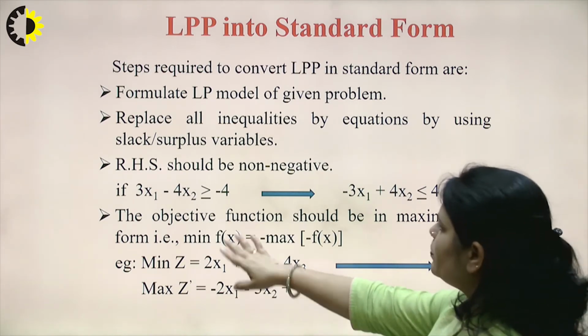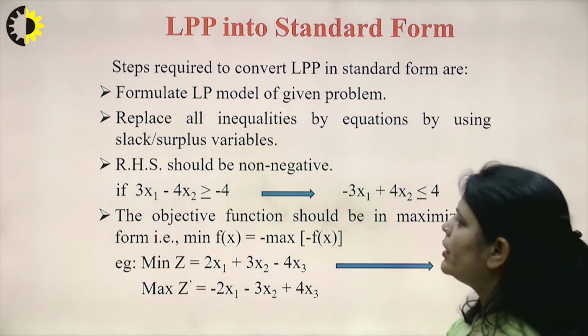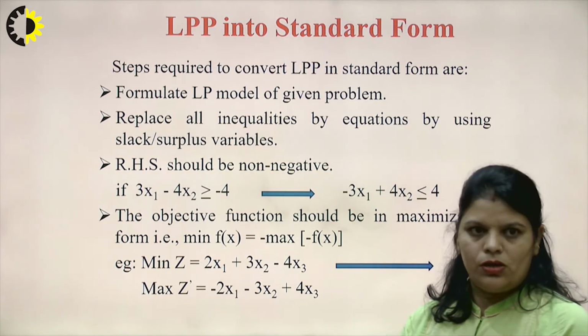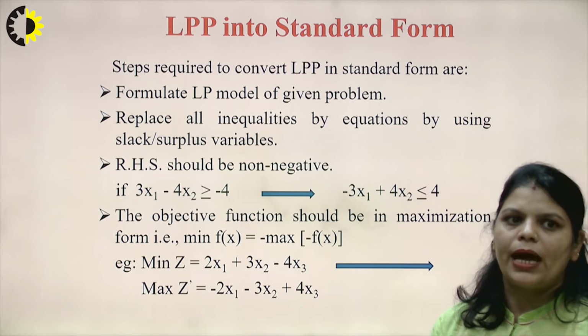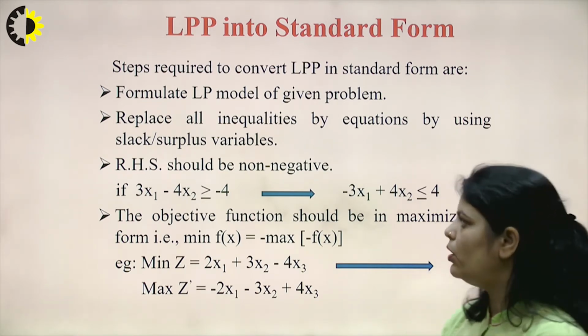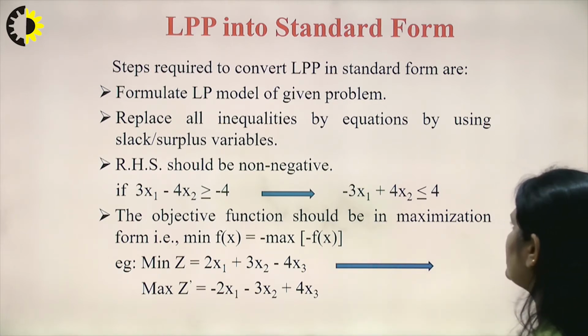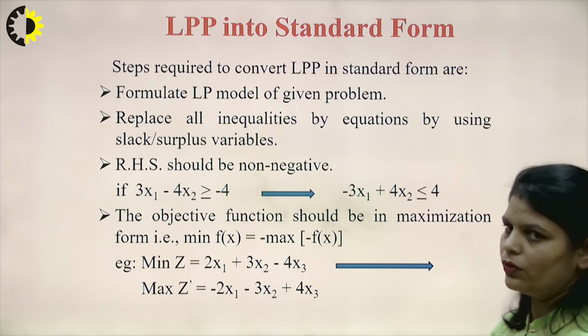If we have the equation 3x1 minus 4x2 greater than or equal to minus 4, first of all we have to convert the right hand side term into a positive value. We can convert it in this manner: minus 3x1 plus 4x2 less than or equal to 4.